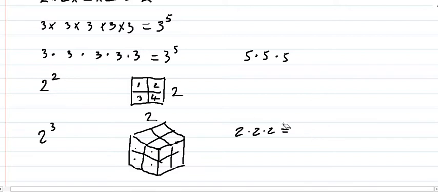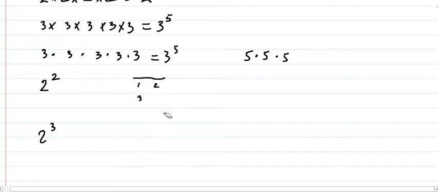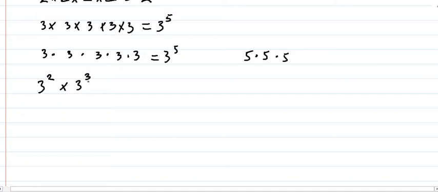But back to our notation. What we want to do is understand how this new notation works, what its properties are, what happens when we start doing calculations with it. So let's try some nice simple calculations. We'll try 3 squared times 3 cubed.